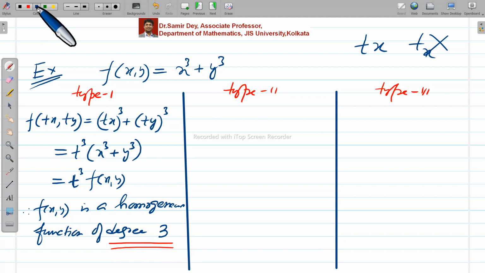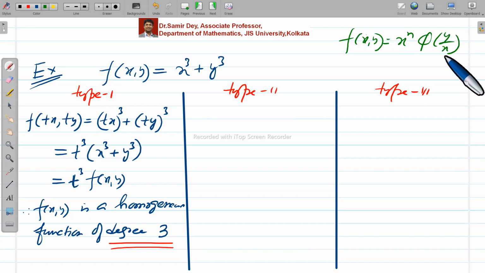Same question, with the second type. If it is possible to express into this form, f(x,y) equals x to the power n phi of y by x, so you have to express it in y by x type. Now f(x,y) equals x cube plus y cube.